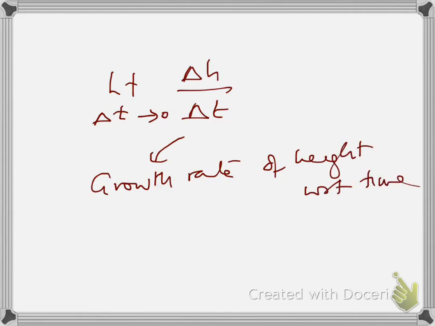Generally in physics, the denominator will be time always. In mathematics it could be something else, we will see that, but in physics the denominator will be time. We will talk more about this soon.